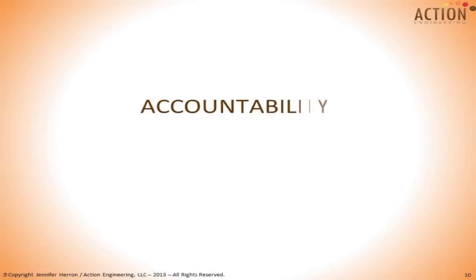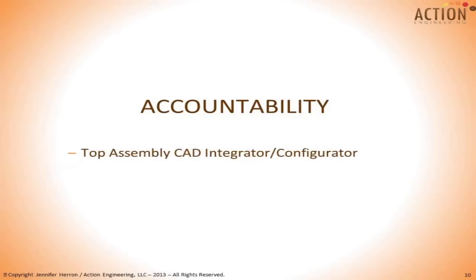The final thing, and this is a real critical piece of a model-based enterprise and maintaining model-based engineering, is to have an accountability system in place so that all these things get checked. Nobody wants to mess up the design, and nobody wants to have an inaccurate system, but it's easy to do because A, we're busy, and B, we're human.